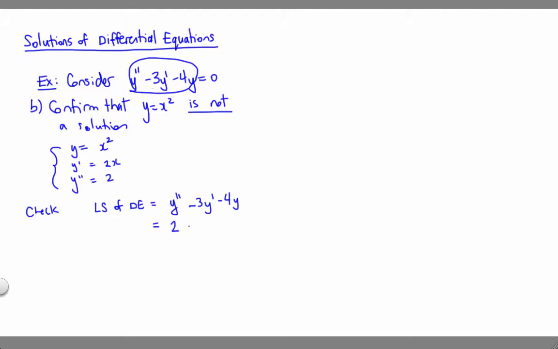So we'd have 2 minus 3 times 2x minus 4 times x squared, just by plugging our ingredients into the left side of the DE. So if we were to simplify that, that would give 2 minus 6x minus 4x squared. All right, now let's compare that to the right side of the DE, and the right side of the DE is 0.